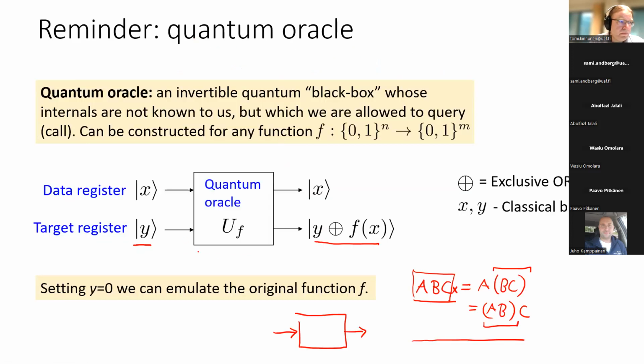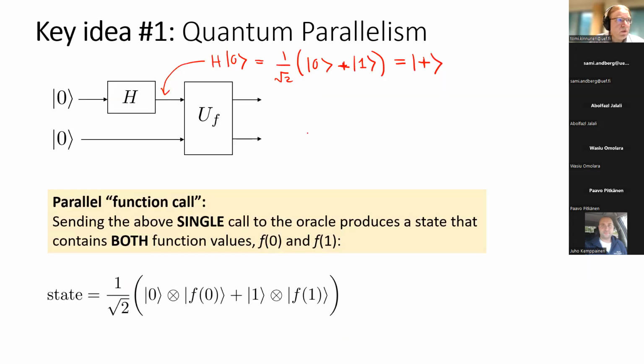When you apply it to these two inputs, you can see that the expression has both values, f at the value 0 and f at the value 1, in this state expression. That is the key idea of quantum parallelism.